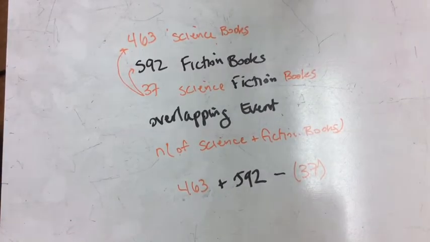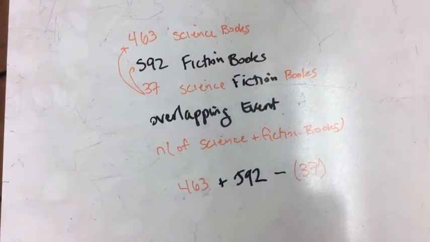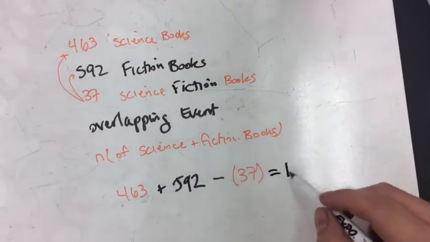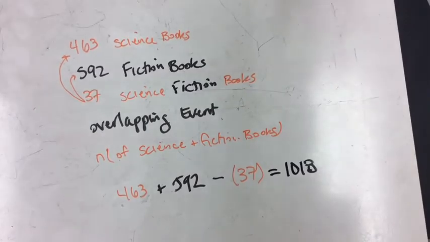From here, it's all calculator work. So we're going to be looking at 463 plus 592 minus 37. And the number of science and fiction books that are available at this library would be 1,018.